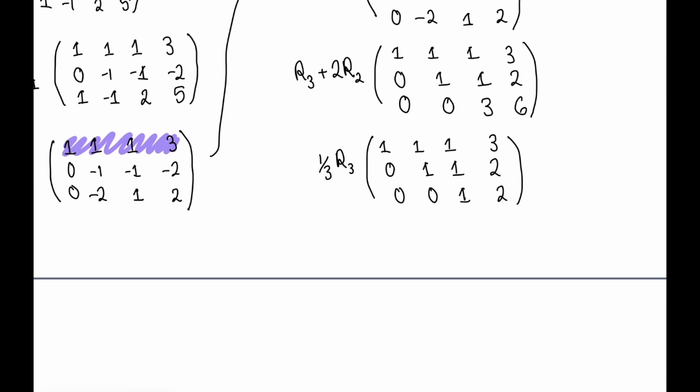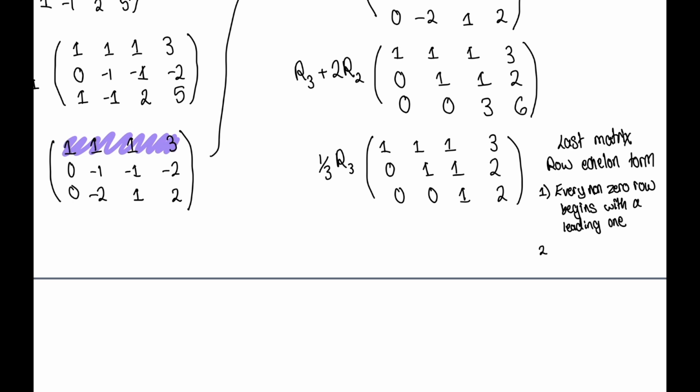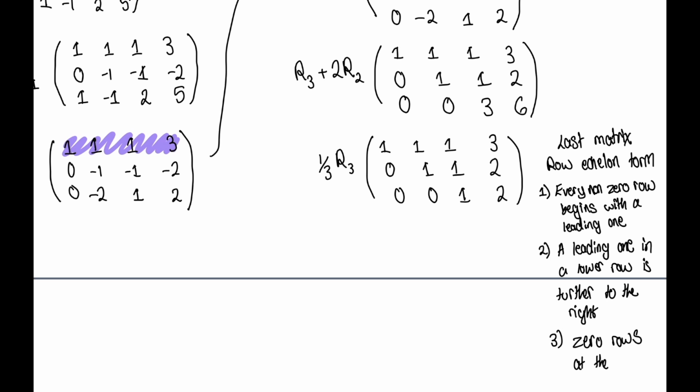This last matrix is called the row-echelon form, because it has these 3 properties. Number 1, every non-zero row begins with a leading 1. Number 2, a leading 1 in a lower row is further to the right. And number 3, zero rows are at the bottom of the matrix.